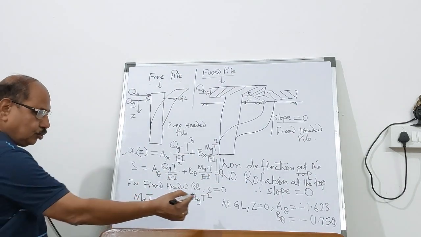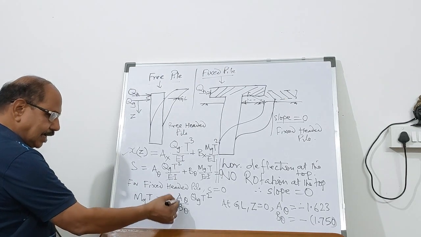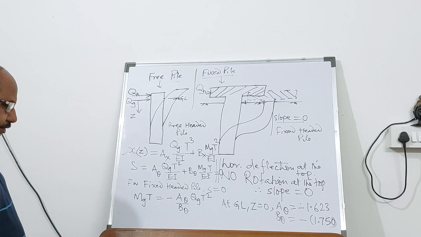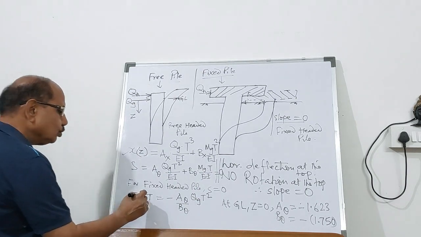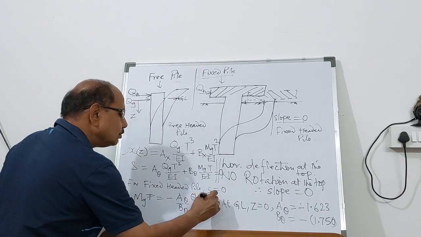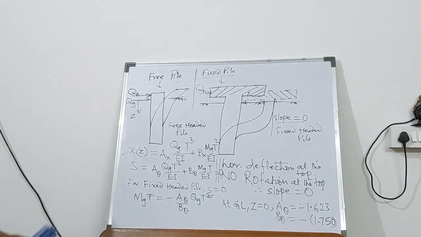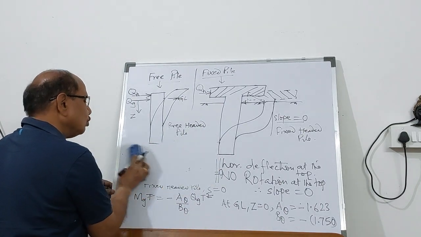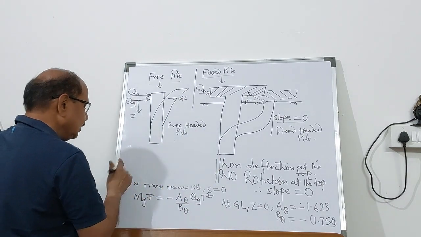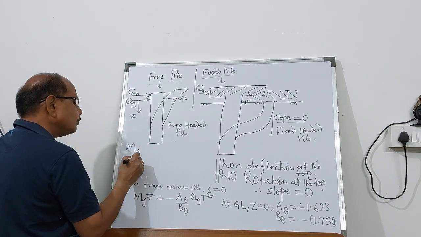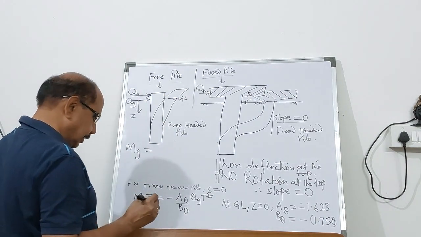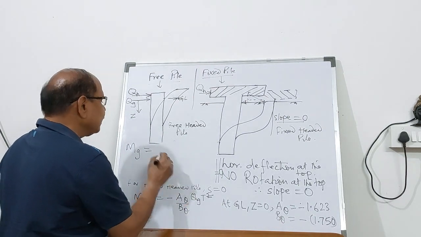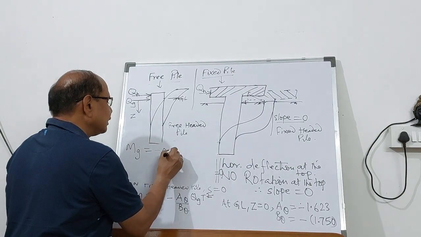So if you substitute this value of A theta and B theta, because the slope is 0 at the ground level, then you can find out the value of Mg. So therefore, you can get the value of the moment Mg equal to minus A theta by B theta, the ratio is 0.93.